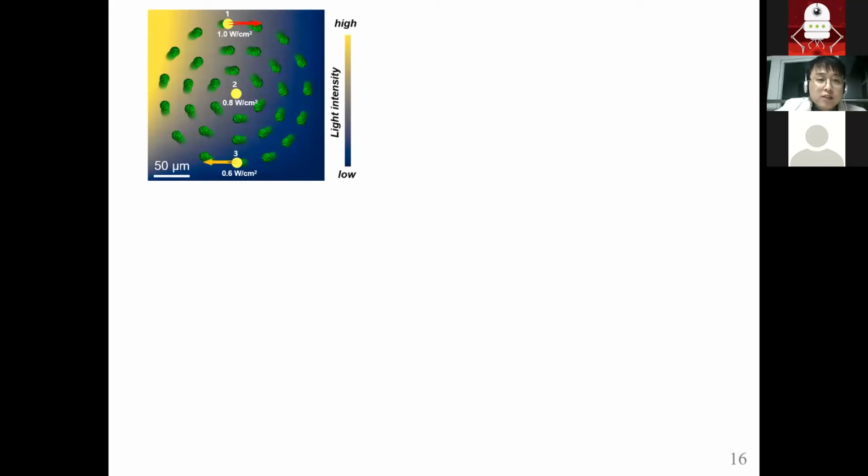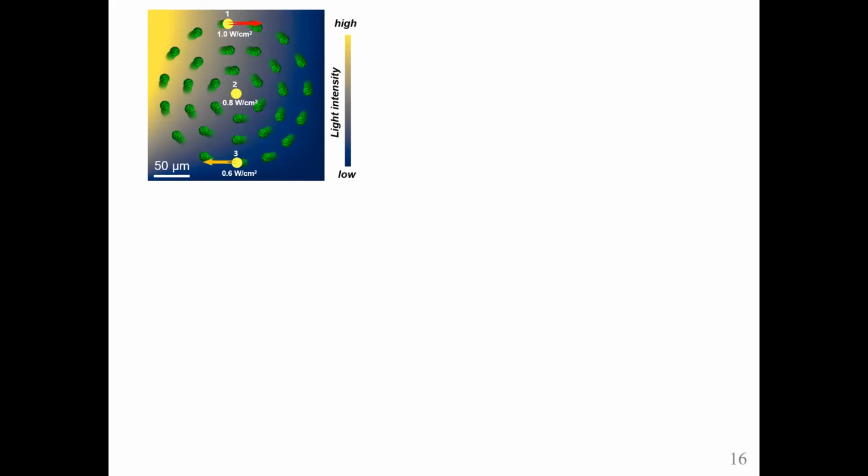Okay, so how do we understand the mechanism of the spinning collective behavior? The light intensity distribution is roughly the size of the vortex and the profile of the diverging light intensity.